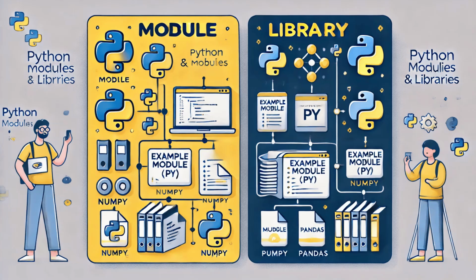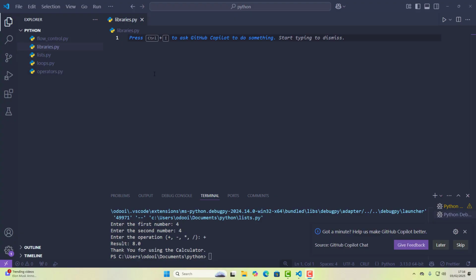So as you can see, I am using Visual Studio Code at the moment. I have already created a new file which is libraries.py, you can see. And let's start with this.